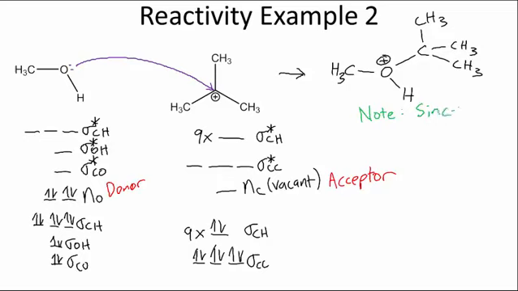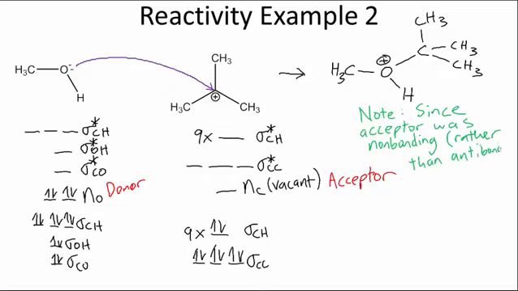One thing that sets this apart from a lot of the other examples we've seen, since the acceptor was non-bonding rather than anti-bonding, no bond needs to get broken, yeah.